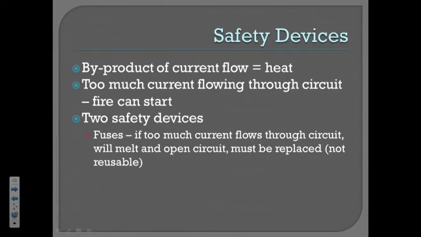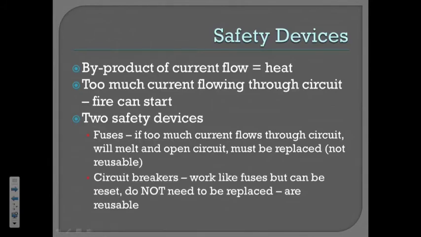One of those things is a fuse. A fuse is something that whenever too many electrons flow through, the metal in the fuse will melt, causing the circuit to open up, and that will stop the electrons from flowing. Because remember, you need a closed circuit for electrons to flow, but if the circuit is opened, then the electrons will stop flowing.